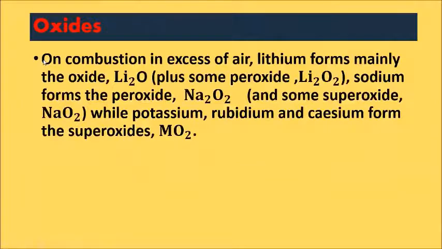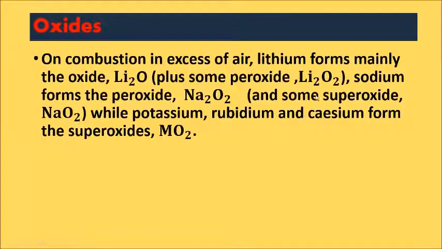Now let's talk about the oxides of the alkali metals. As we have seen, when we do the reaction with air, we get the oxides. It can be monoxides, peroxides and superoxides. On combustion in excess of air, lithium forms mainly the oxide Li2O, that is monoxide.